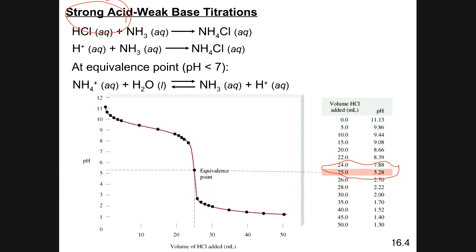So for this, you cannot use phenolphthalein. When choosing your indicator, you have to choose one whose color change would be around 5, between 5.2 and 5.3. If you use phenolphthalein here, it's going to show the color change way before the actual equivalence point. So depending on the nature of your acid and base, you choose your indicator.